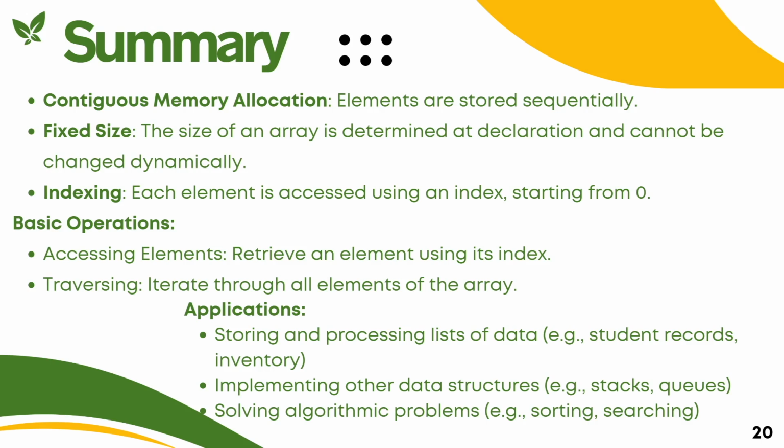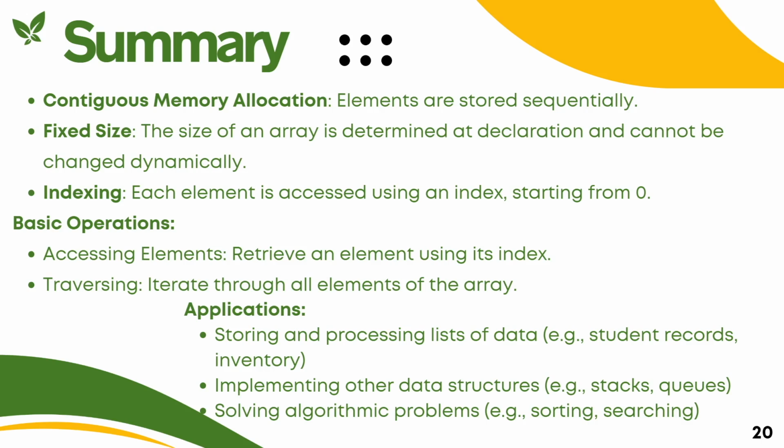And we learned two basic operations here: how to access elements using the index, and how to navigate through all the elements in that array, for which we use traversal, where we have a loop that runs from 0 to the end of the array. When we talk of applications, like when we want to store and process a list of elements like student records, we may have to use an array.